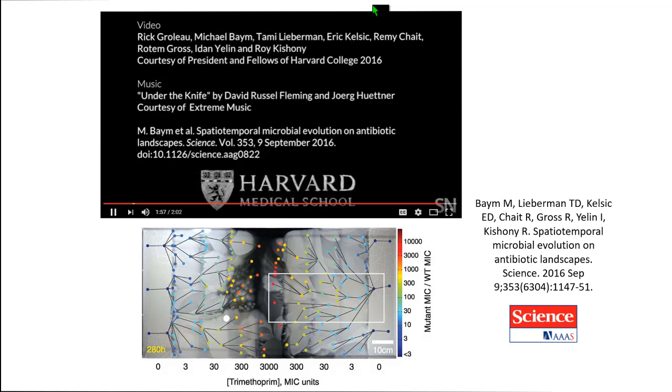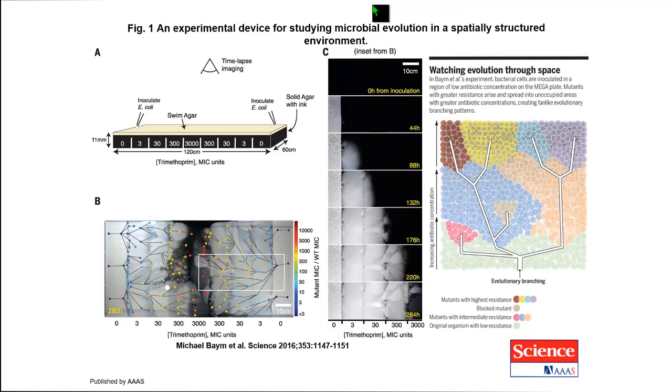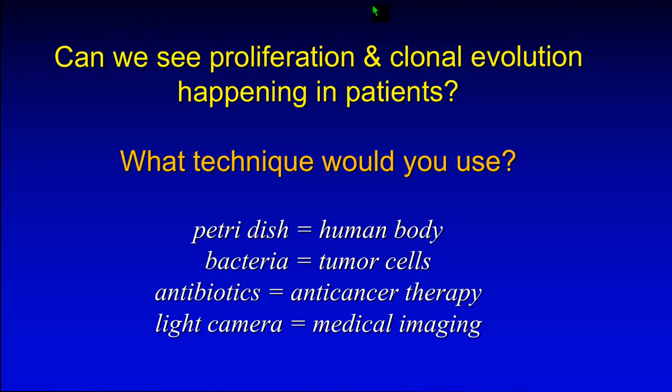Okay, so this was evolution and mutation occurring in real time over 3 weeks. The real question is, can we do this and see this in our patients? Imagine the petri dish is the human body.